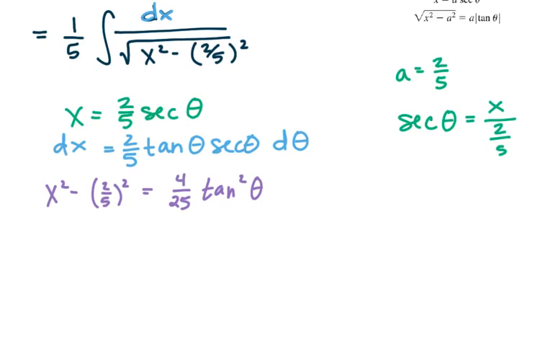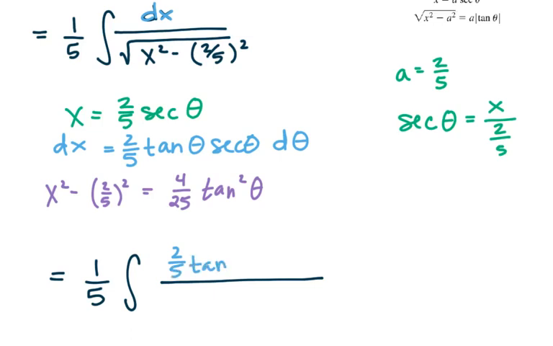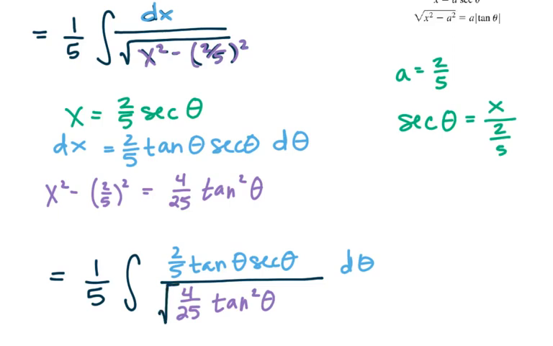So my integral up here, I can now rewrite as 1/5 the integral of dx, which is now 2/5 tangent theta secant theta d theta. And my denominator, x squared minus 2/5 squared, becomes 4/25 tangent squared theta. And that, of course, was under a radical.